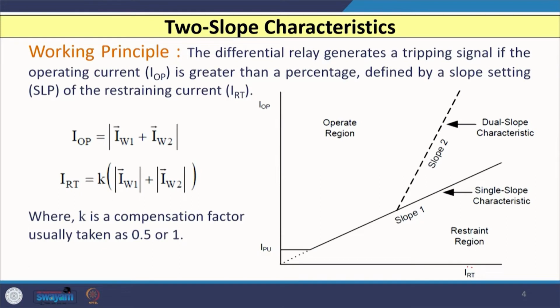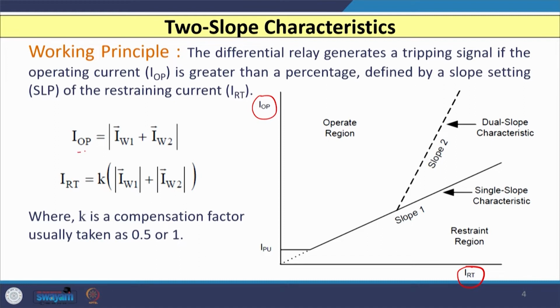Now, let us represent the operating quantity, which is the phasor addition, and the restraining quantity, which is the scalar addition, in terms of the relay characteristic, with restraining current on the x axis and operating current on the y axis. We will have the characteristic like this.